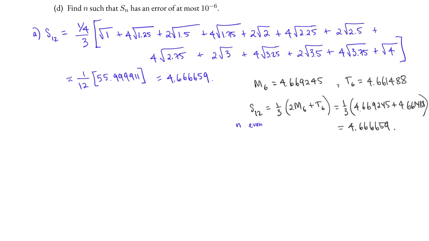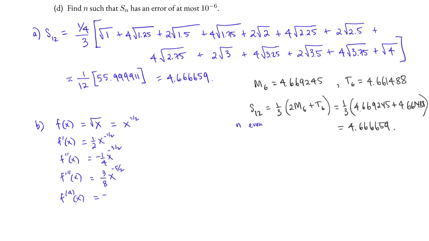Part B. To find the error bound for the Simpson rule, we need to find k, but k is the upper bound of the absolute value of the fourth derivative. Starting with f of x equal to the square root of x, we find the fourth derivative, negative 15 over 16 x to the negative 7 over 2. We need to find the maximum value of this absolute value function on the interval 1 to 4.